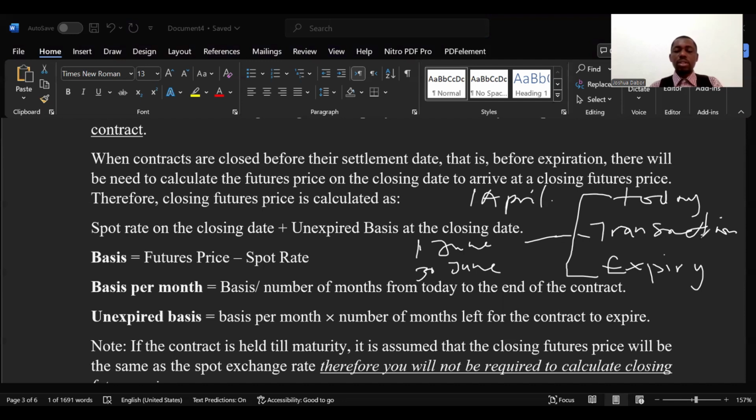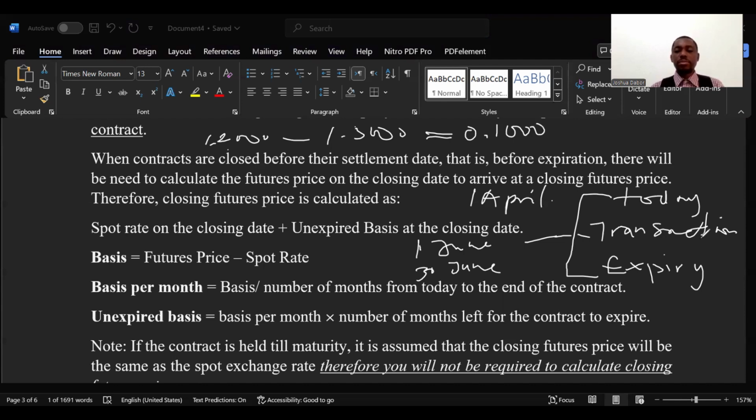Okay? So in the earlier question I gave, I said if spot rate is, say, 1.200 and futures price is 1.300. So that means there's a basis of what? If we say opening futures, which is 1.3 minus the spot rate, that will take us to 0.1000.